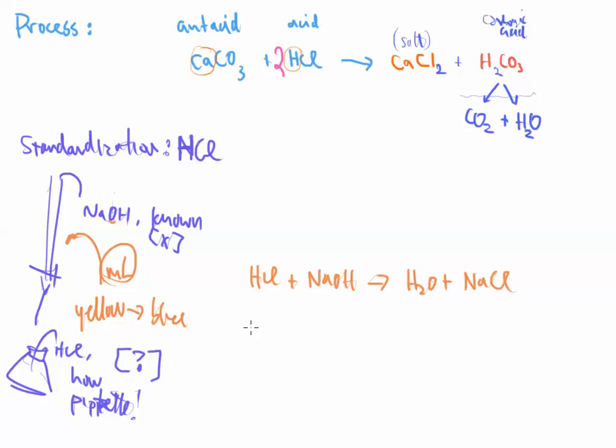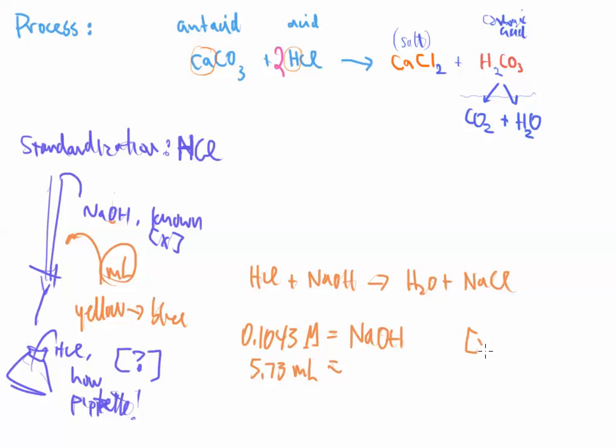All right, so let's say that the concentration of my hydroxide is 0.1043 molarity. And let's say that the titration took 5.73 milliliters of NaOH. That's when I got my color change.